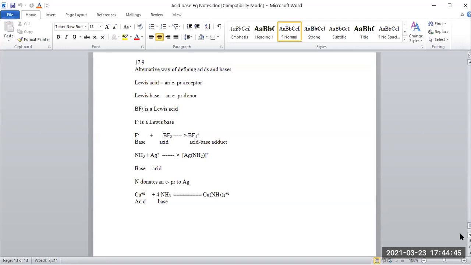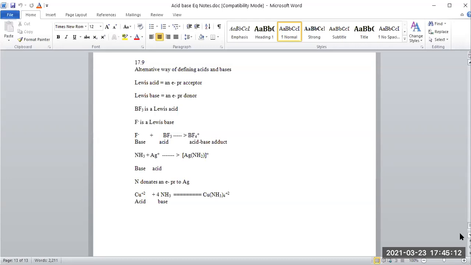If you look at a Lewis acid definition here, we have an electron pair acceptor. Okay, so if it's going to accept electrons from something else, chances are that means it doesn't have a lot of electrons on its own to potentially give away.